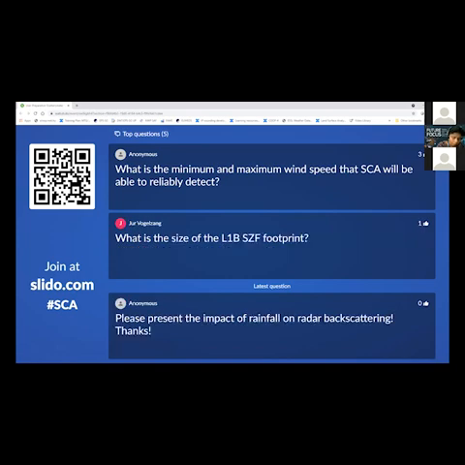I mean, the thing is that you need to balance between the gaps in the data and the calibration you're doing. ASCAT is very stable, so you don't have to do this very often. Each time you pass the transponders, you create a gap in the data. At the moment, for SCA, we will do this a bit more continuously.